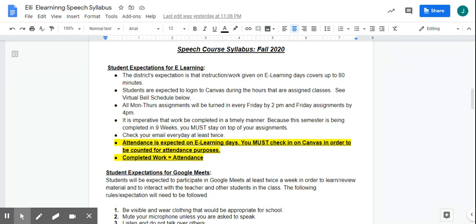The expectations that I have for you are here as follows. First thing, the district has instructed us that you will need to have 80 minutes of instruction per day per class. So what that means is we need to provide you with that amount of work.